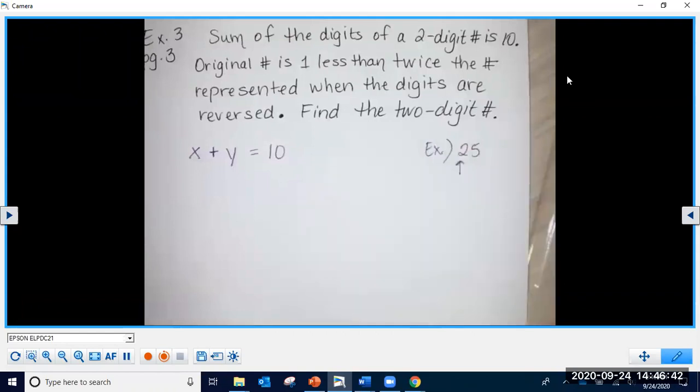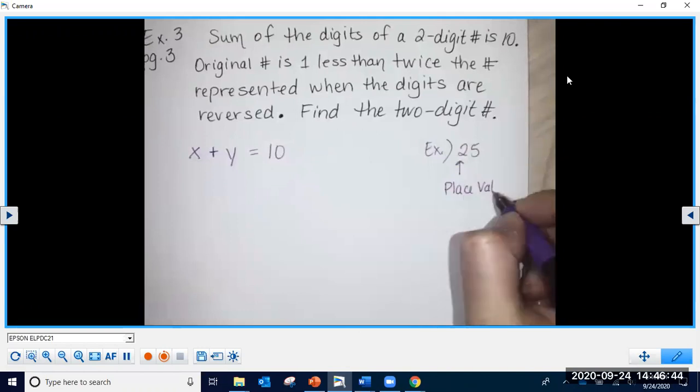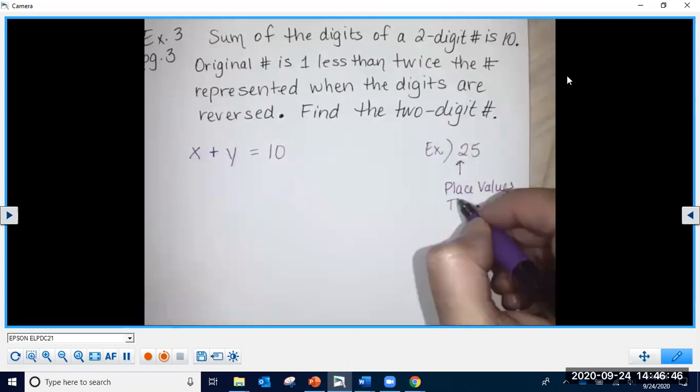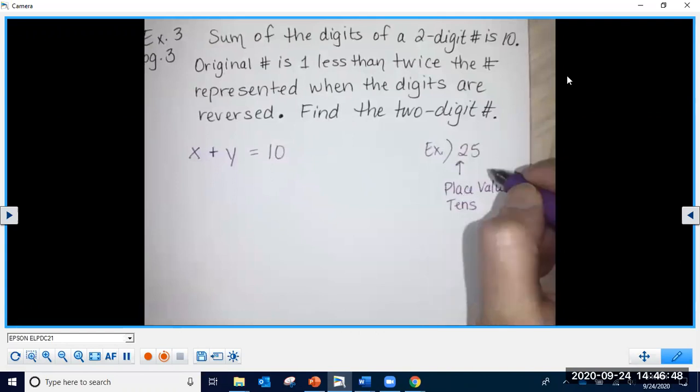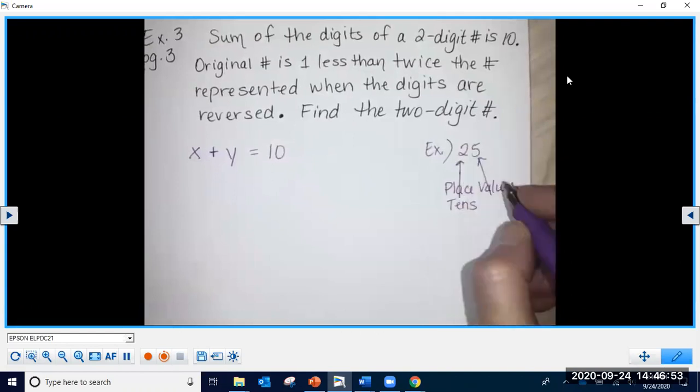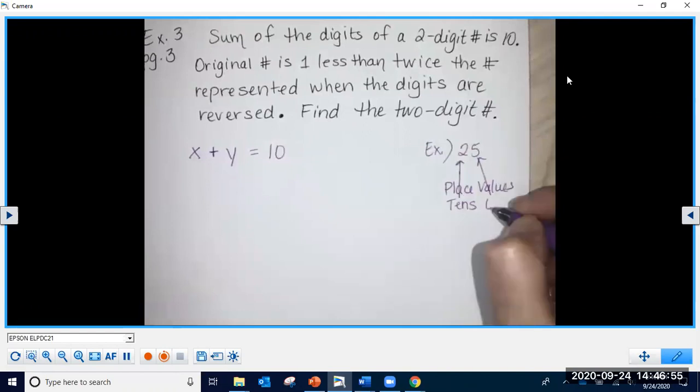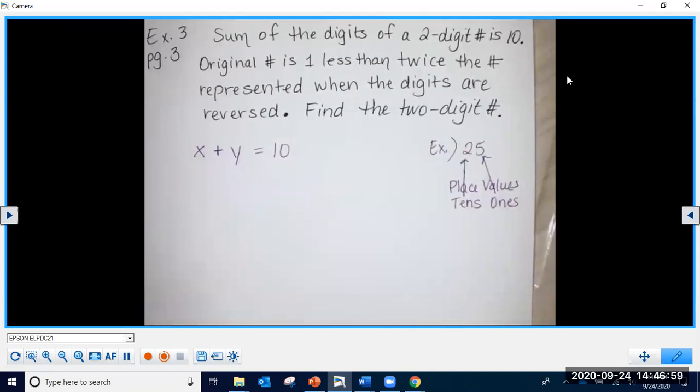Good, that's in the tens place. And then of course 5 would be in the ones or the units place. So we actually have to use that knowledge to help us create the second equation.